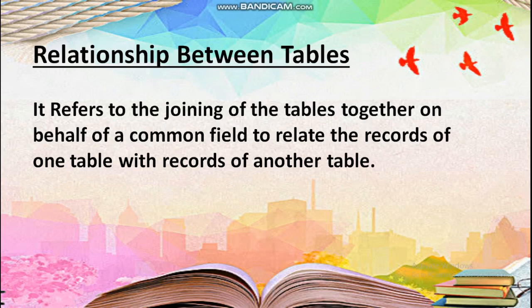To overcome this problem, we can distribute the different information of any particular subject, such as a student, into different tables. Likewise, transportation information in one table, academic information in another table, personal information in another table. Now the question is how all these tables will give us data regarding any particular student. So the answer is all these tables will be joined together with the help of a common field.